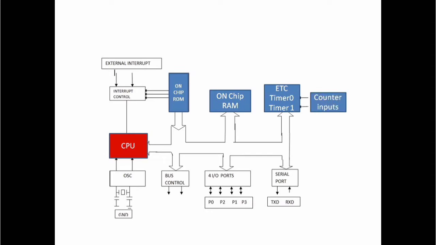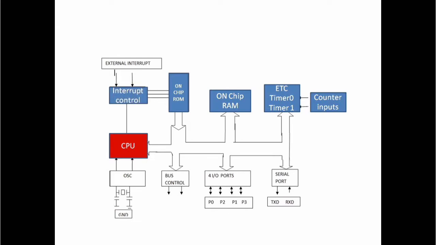Now these timers can be operated either as a timer or as a counter. We can decide the timer or counter mode by setting the bits in a particular register. Again we will discuss all the details about the timers and counters in my next videos.